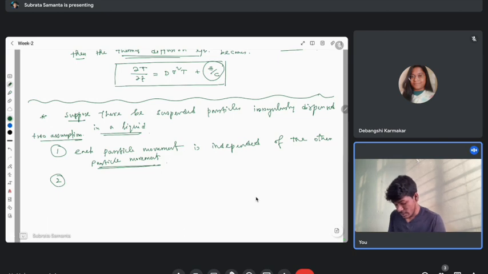The second assumption is that one particle's movement in different intervals of time must be considered as a mutually independent process.